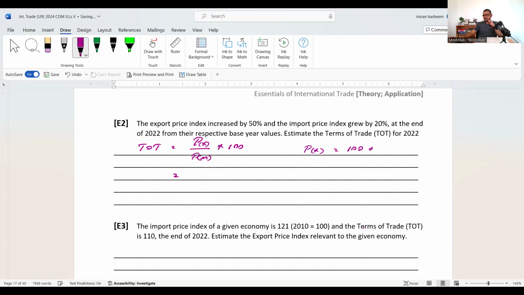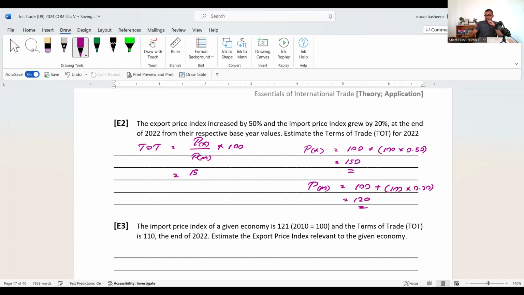On this, there is a 50% increase, so 100 plus 50% of 100 is 50, giving 150. Import price index base year value is 100, and on that there is a 20% increase, so 120.